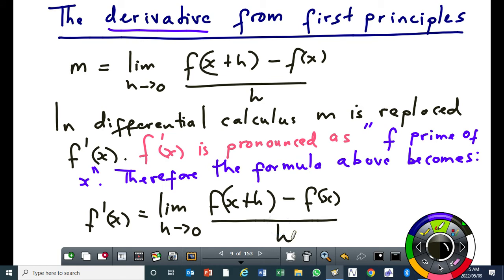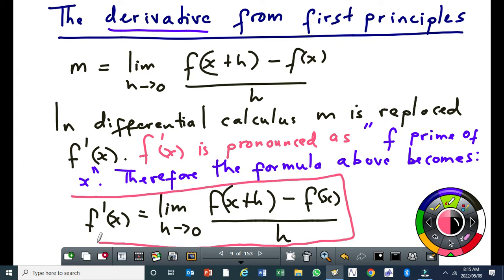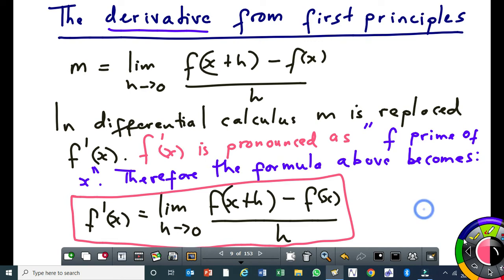Now this formula here is called the definition of a derivative from first principles. This formula is very important going forward. That formula is called the definition of a derivative from first principles. This is the one which you are supposed to use.